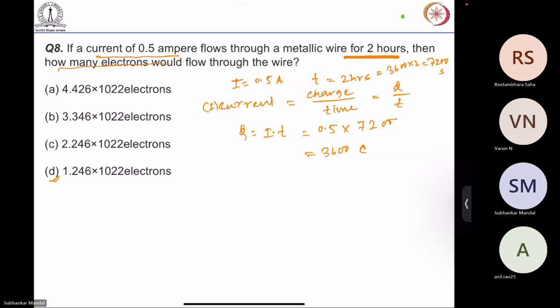Now what do we know about Faraday's law? What is the definition of 1 Faraday? Can anyone tell? 1 Faraday is 96500 coulomb.